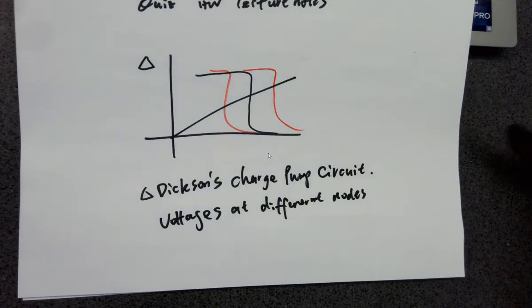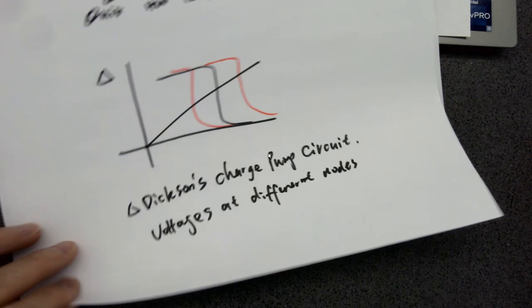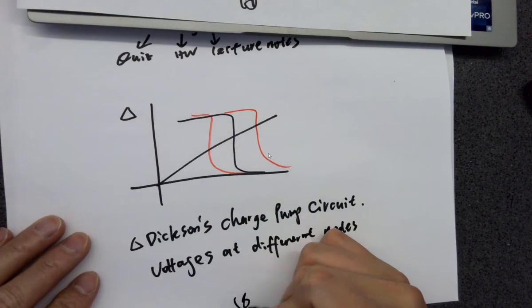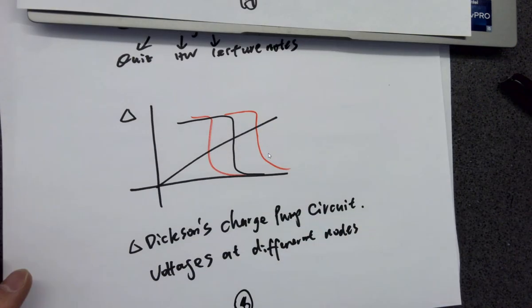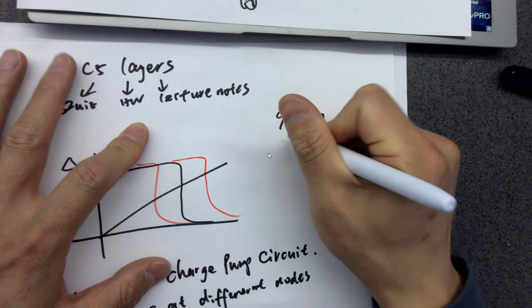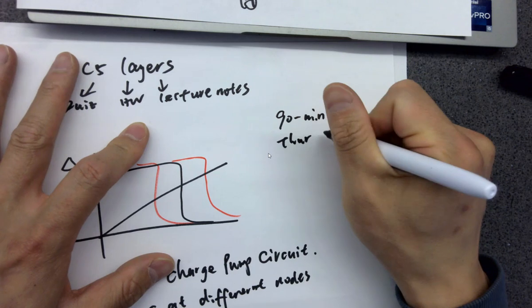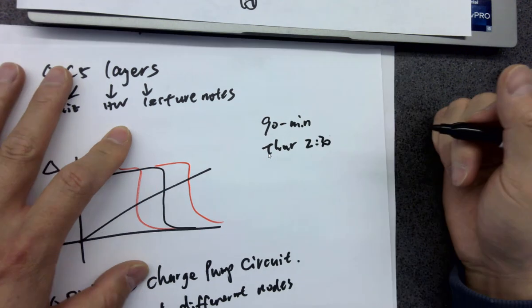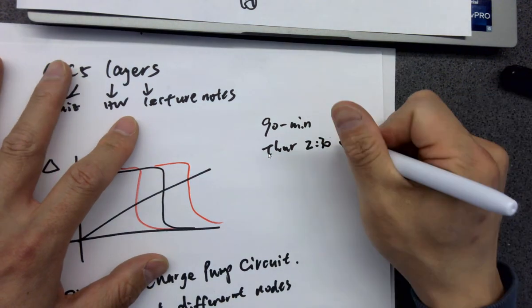So do you have an outline now? Nope. 12 problems, 90 minutes on Thursday, starting from 2:30.